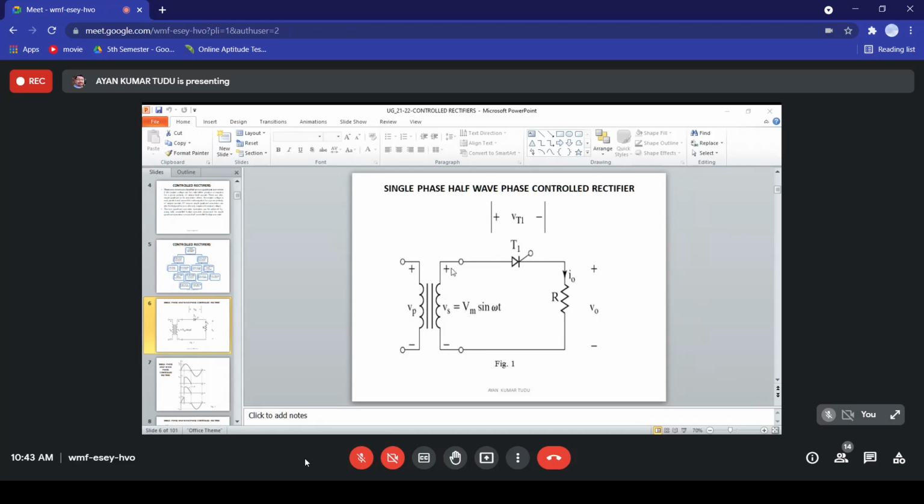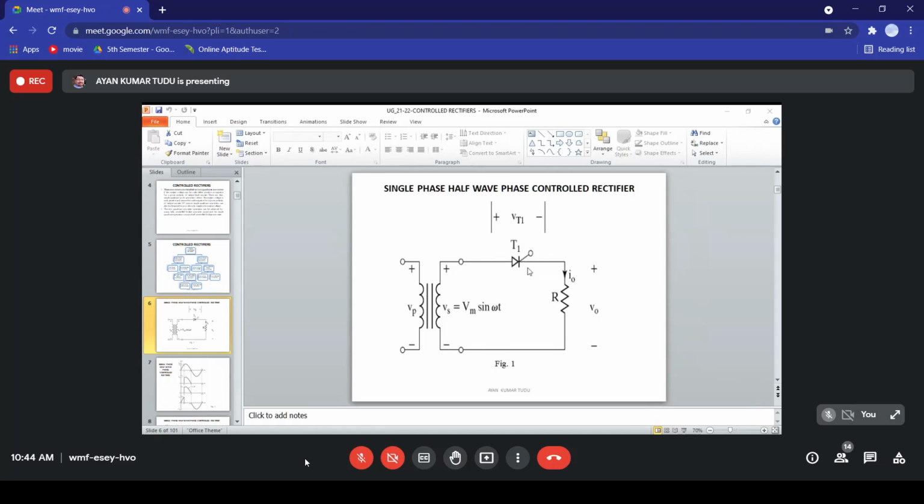And obviously when this is positive, the thyristor anode is positive with respect to its cathode, and the thyristor would be in a forward bias state.